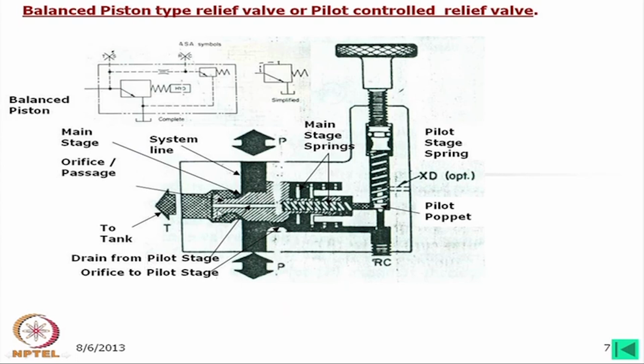Imagine this is circular, and from this diameter it steps down here, and this is a cone, and then this diameter is increased to this. And here on this poppet there is a hole, there is an orifice.